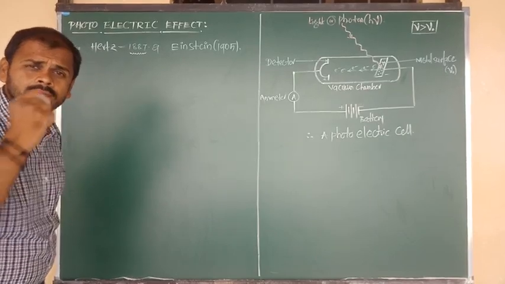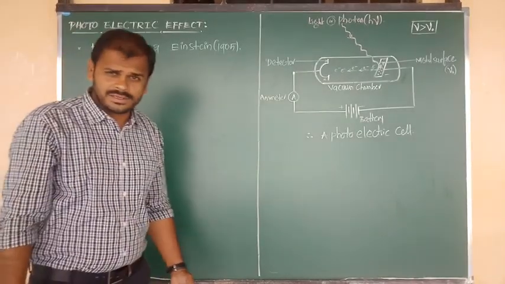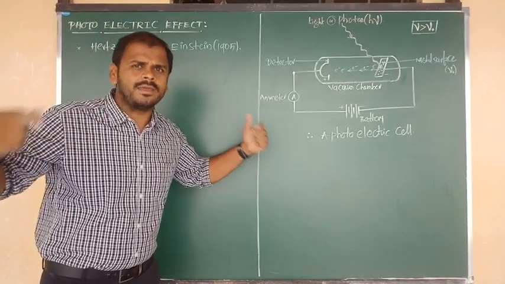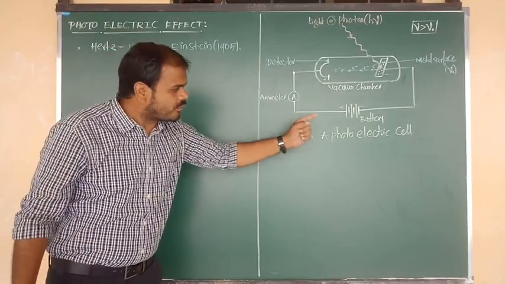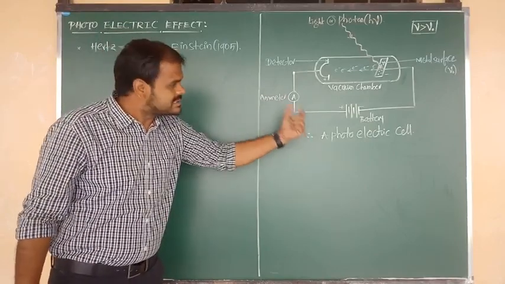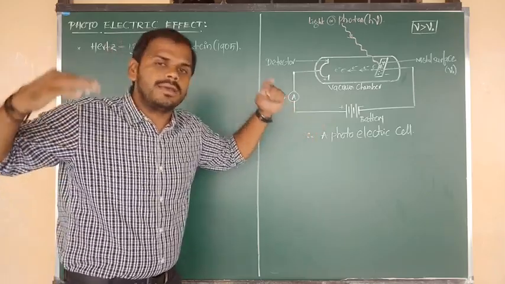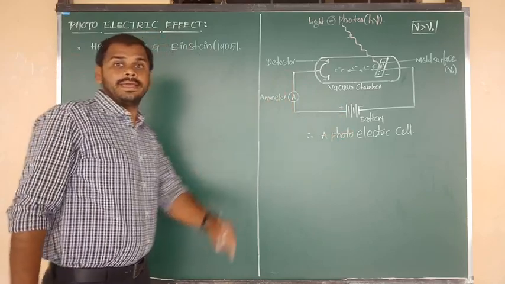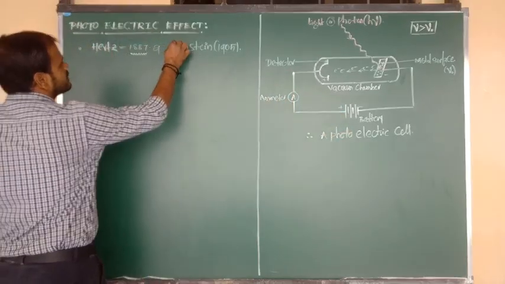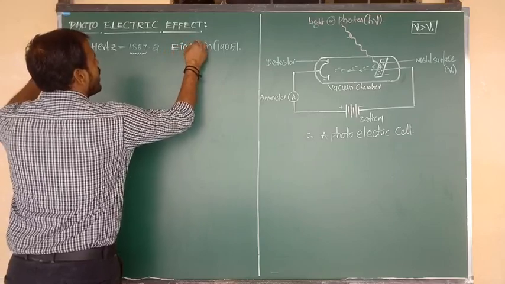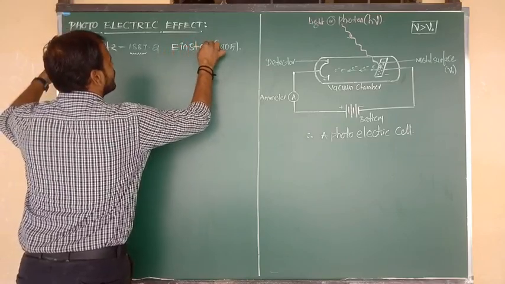After that, the concept of the photoelectric cell was completely designed and explained by the scientist Einstein.